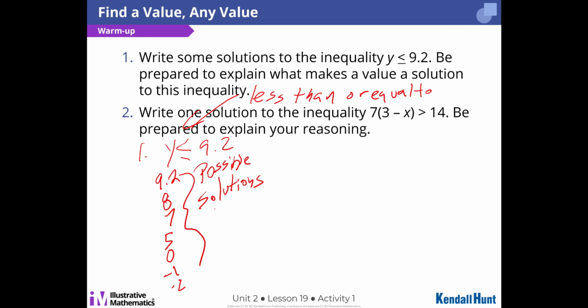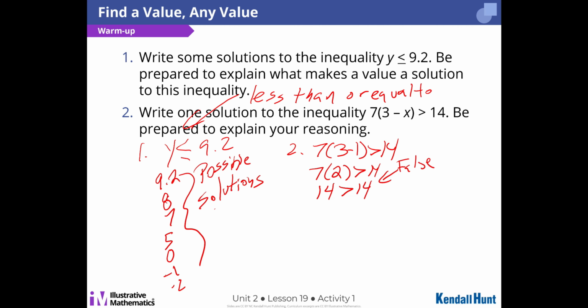And the next one we want to think about is 7(3 - x) is greater than 14. So as we plug in, for example, let's say 1, that gives us 7 times 2 is greater than 14. That's saying 14 is greater than 14, which we know is false.